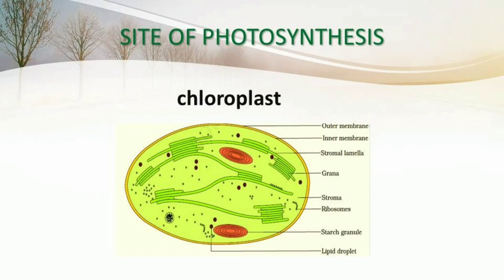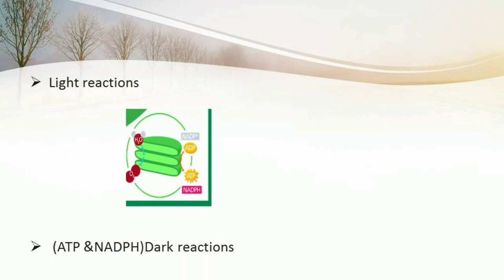The light reaction takes place in the thylakoids, that is in the grana. The membrane system is responsible for trapping light energy and also for the synthesis of ATP and NADPH. In stroma, enzymatic reactions incorporate CO2 into the plant, leading to the synthesis of sugar, which in turn forms starch.